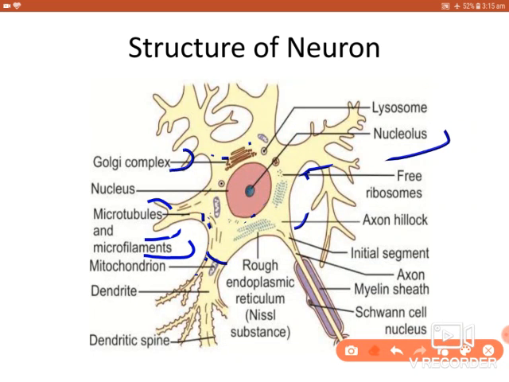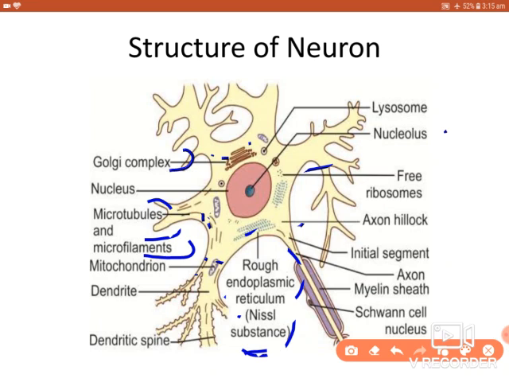The special feature of this neuron cell body is the presence of the Nissl substance. These are granular material composed of rough endoplasmic reticulum, which is responsible for manufacturing protein. And this protein is necessary for maintenance and repair and for the production of neurotransmitters and enzymes.